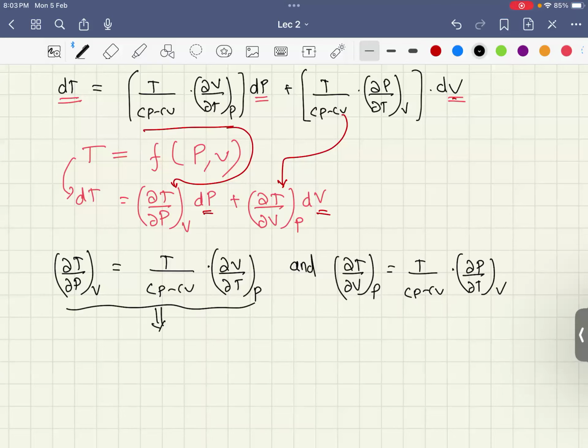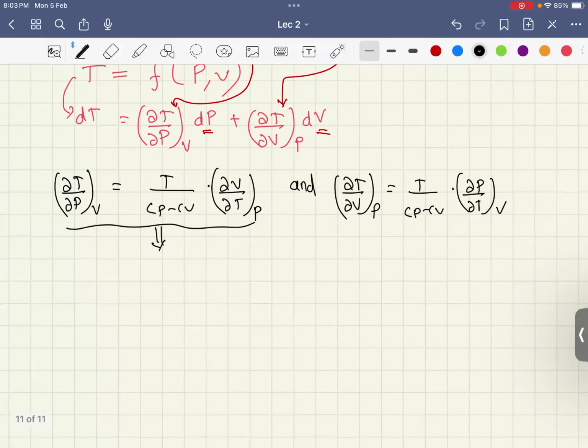Now we will leave this one and start with this one. We rearrange, since we want Cp minus Cv, bringing it to one side.